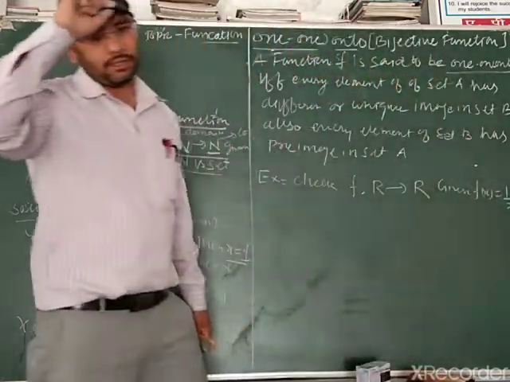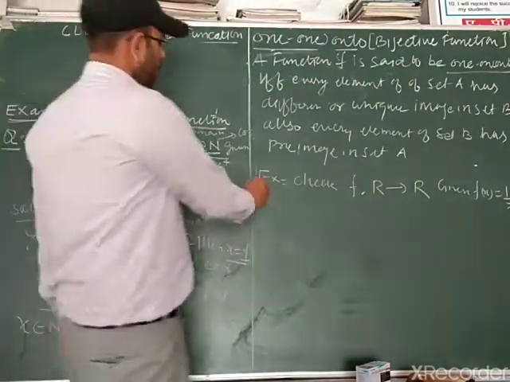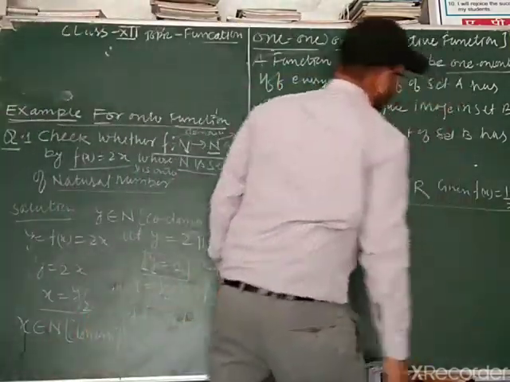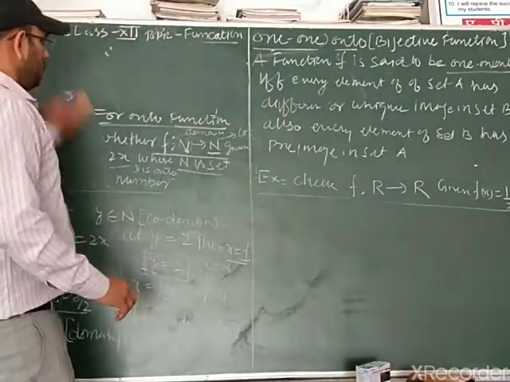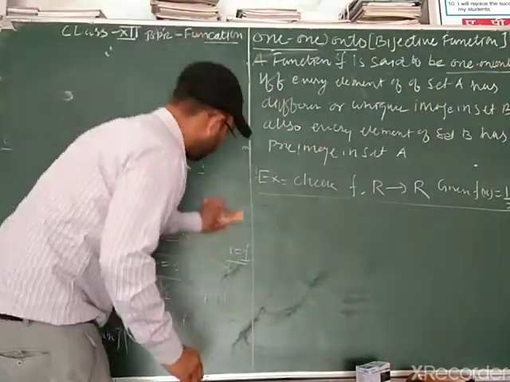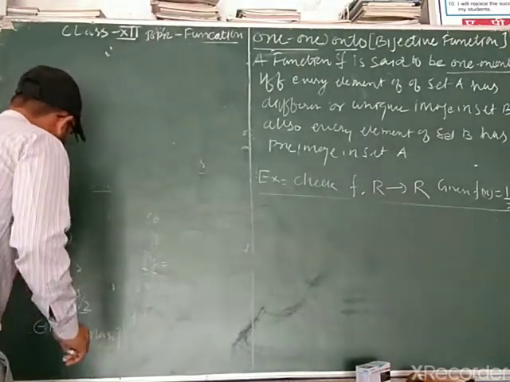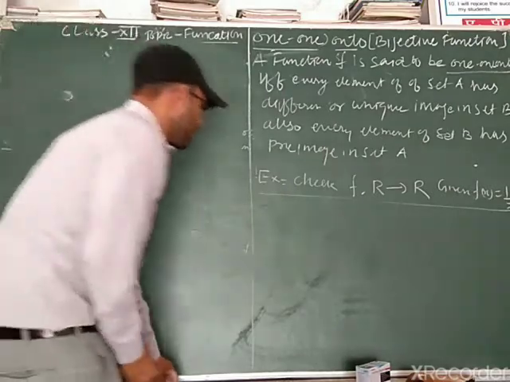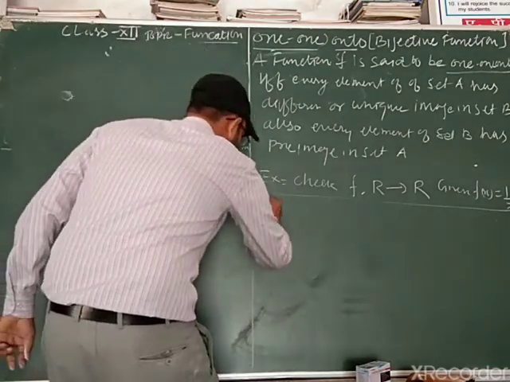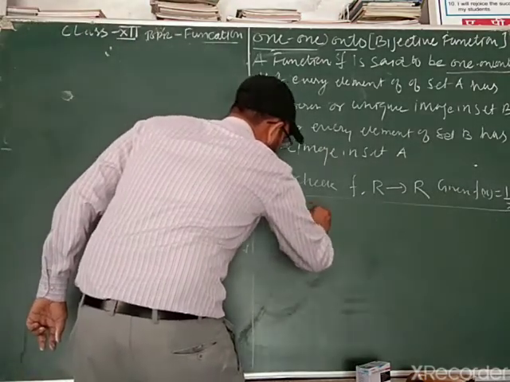Clear? Now we have to check whether this function is one-one, onto, or one-one onto both. Clear? Okay. Now we will solve this question for both of them. First for one-one.